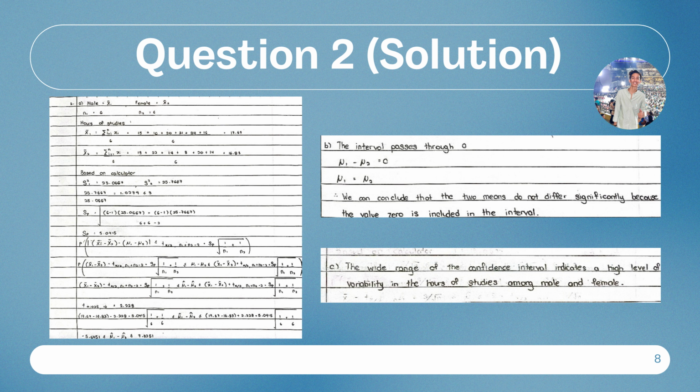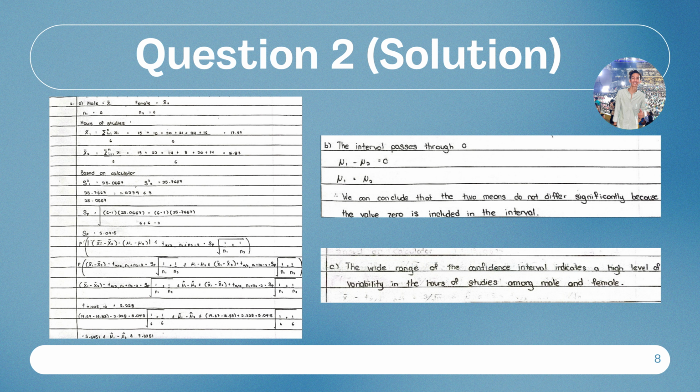We calculate Sp using the formula square root of n1 minus 1 times sample variance 1 plus n2 minus 1 times sample variance 2, divided by n1 plus n2 minus 2. After substituting the values, we obtain the value of Sp, which is 5.0415.